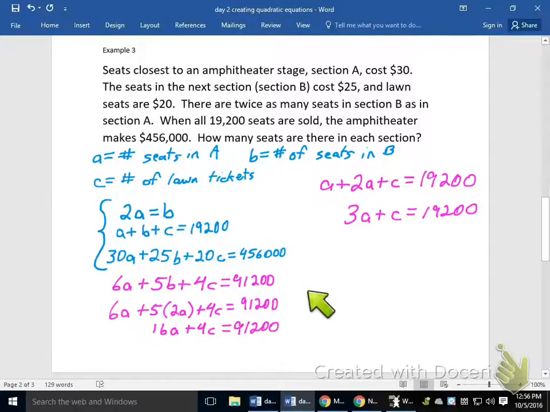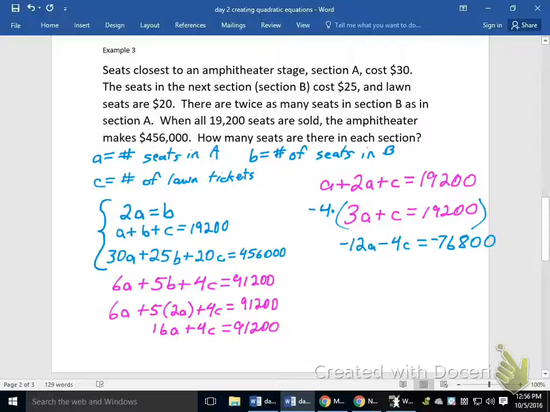Personal preference would lead me to multiply this one by -4. That way the C's will cancel. So I'm just going to multiply that whole thing by -4. So I've got -12A minus 4C equals, and I don't know that off the top of my head, 19,200 times -4. It's going to be -76,800.